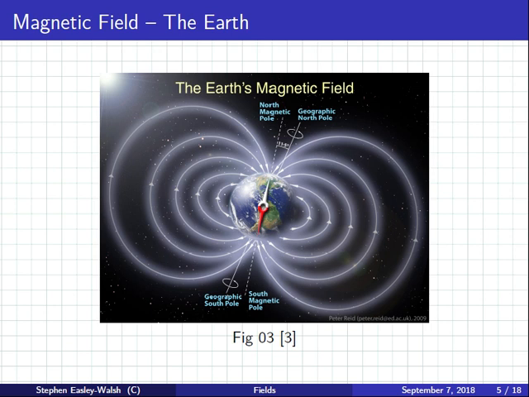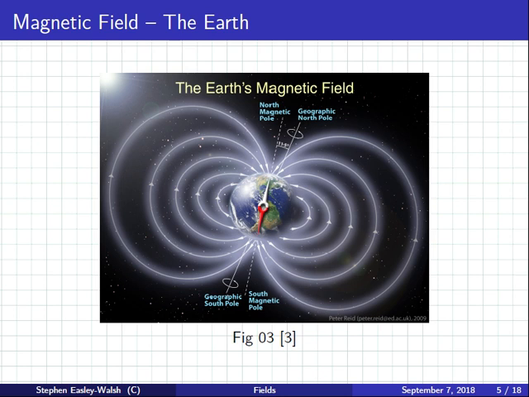Now, the Earth has a magnetic field as well, which you probably knew already. What confuses people sometimes is that they think, because we call this the north, this is the north part of the magnet, it's actually upside down. Here's the north and here's the south. The reason we call this the north pole is because if you had a small magnet, you remember opposites attract.